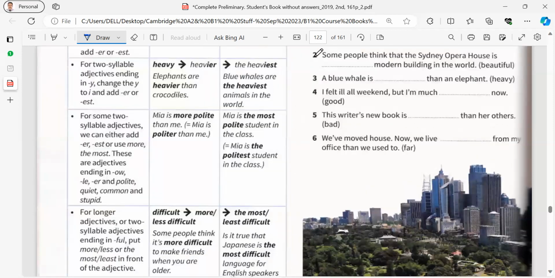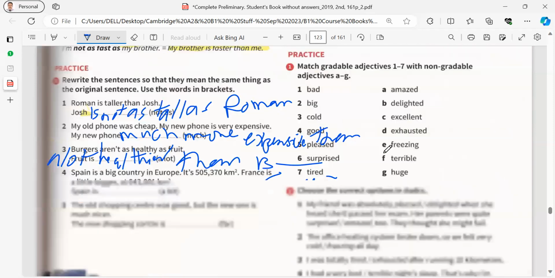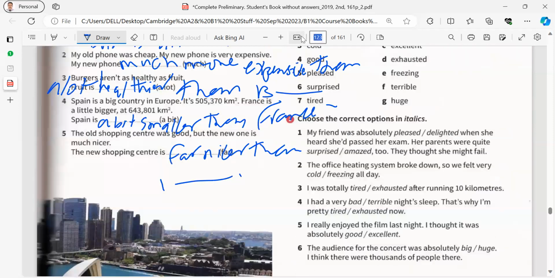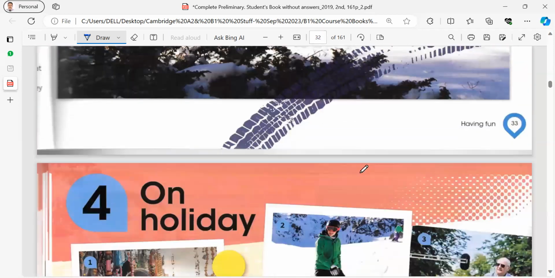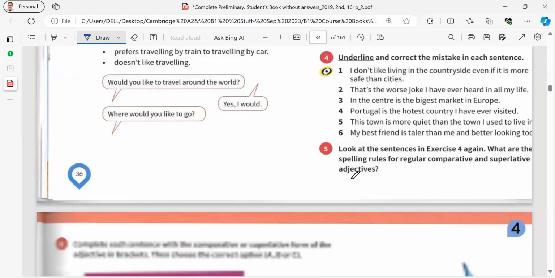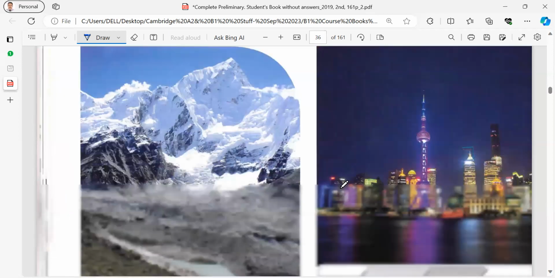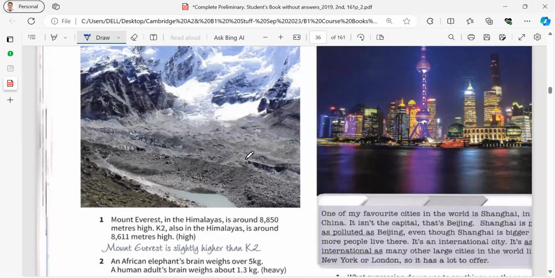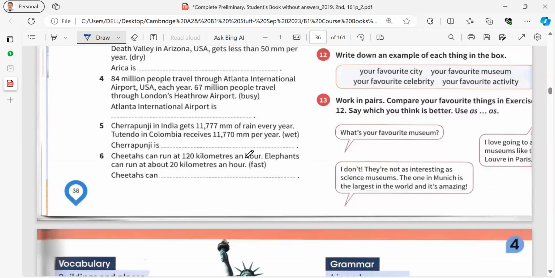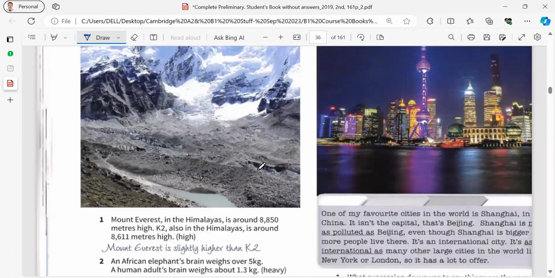So let's move to page 38. Here I give you further practice. The same book, but page 38 in your book.